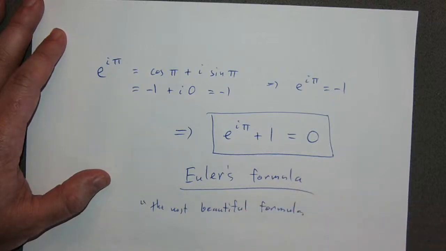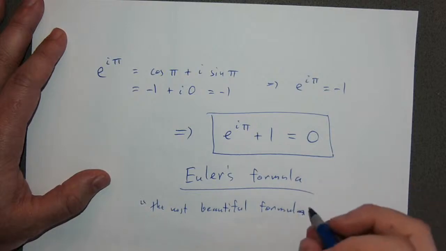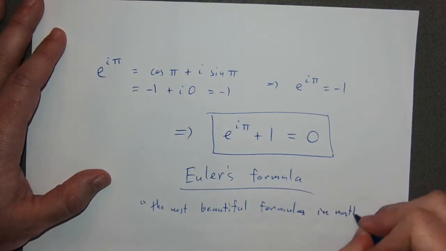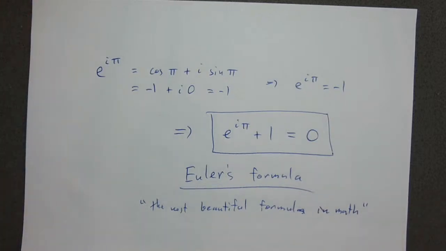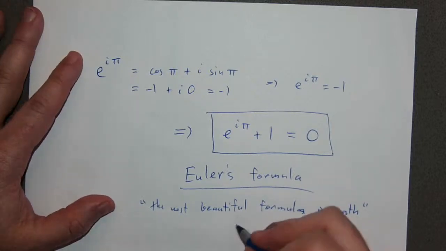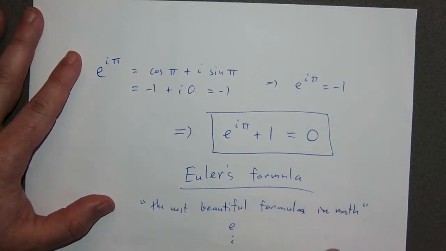A lot of people, even physicists, say this is not just math, this is the most beautiful formula, period. Of course, that's entirely subjective, but the reason people like it is it's a single equation that relates 5 fundamental numbers: e, the imaginary unit i, pi, 1, and 0.